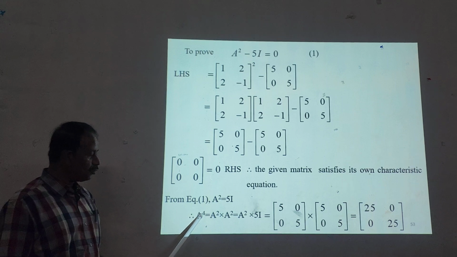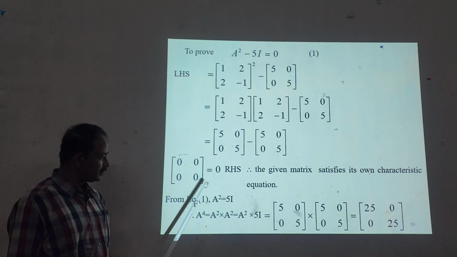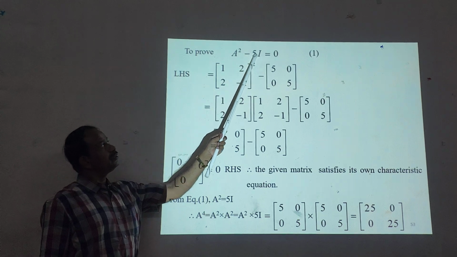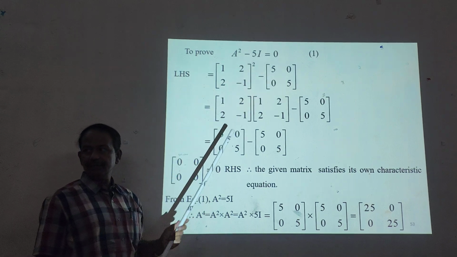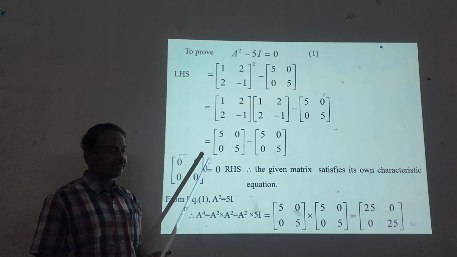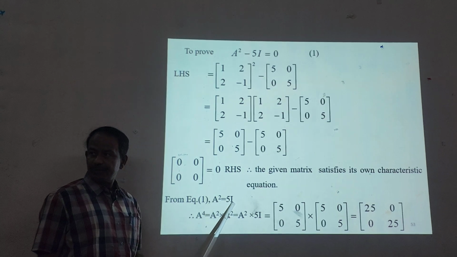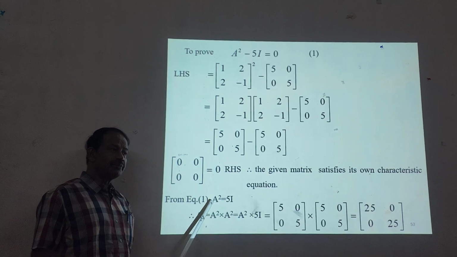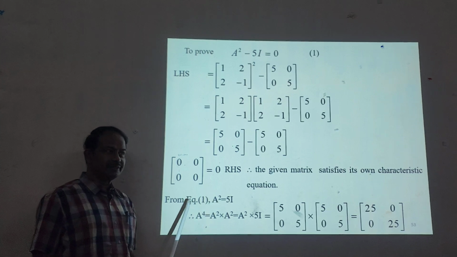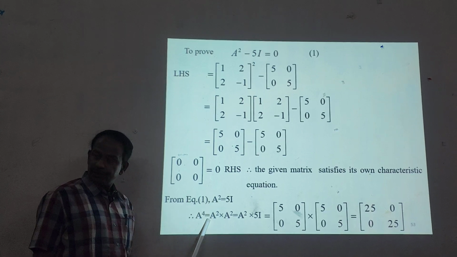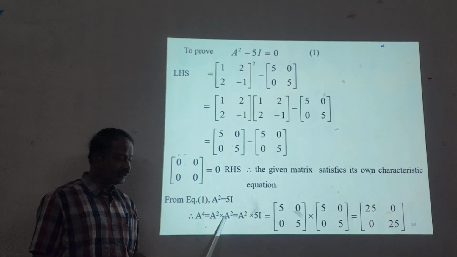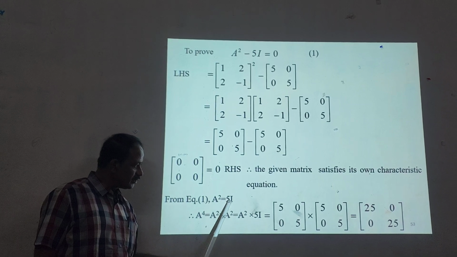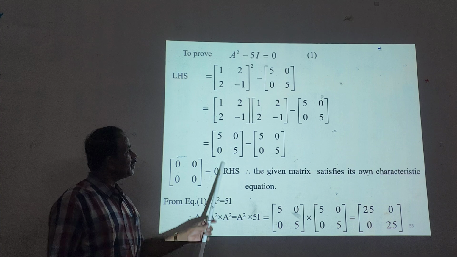So A to the power 4 can be written as, we know already A squared minus 5I equal to 0. You bring this term to that side, that will give you A squared equal to 5I. Now A to the power 4 can be written as A squared multiplied by A squared, correct? So A to the power 4 equal to A squared multiplied by A squared. A squared is already 5I, and A squared we have already found out.